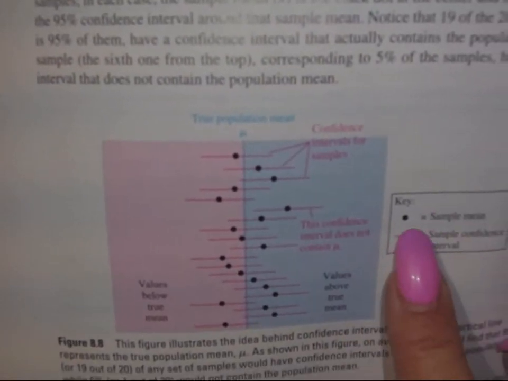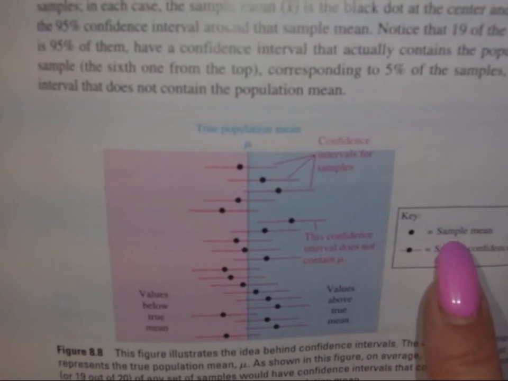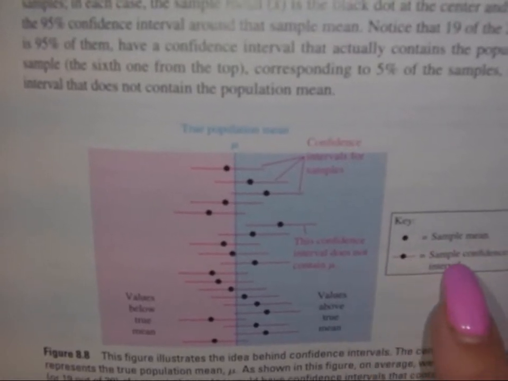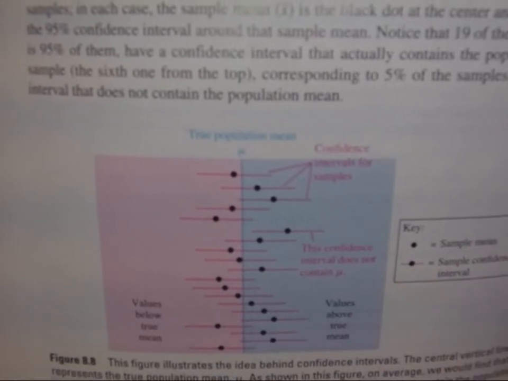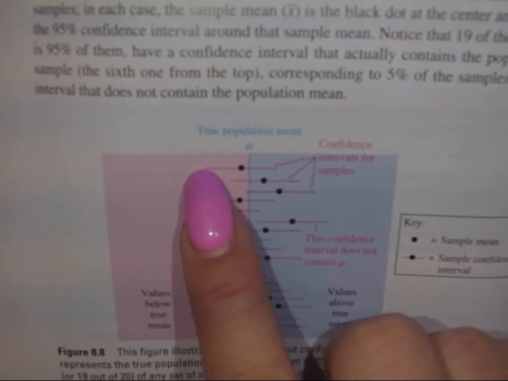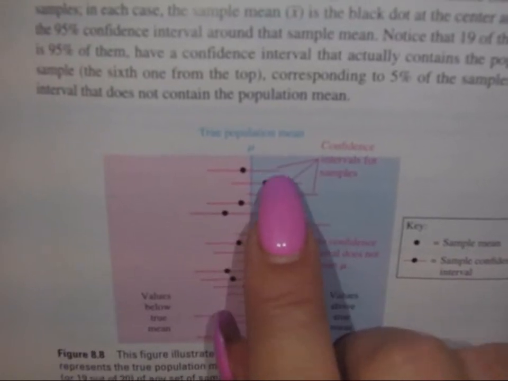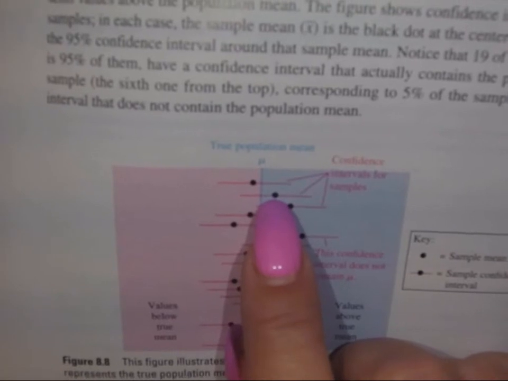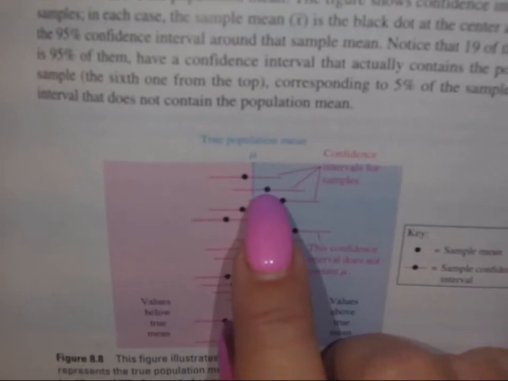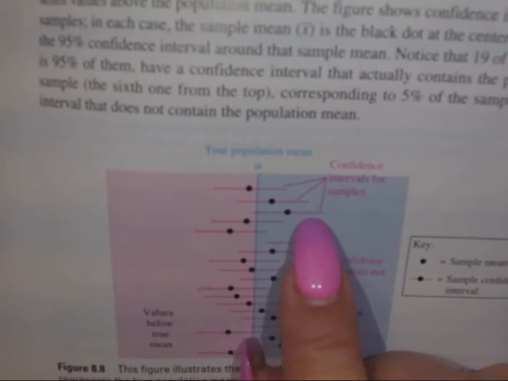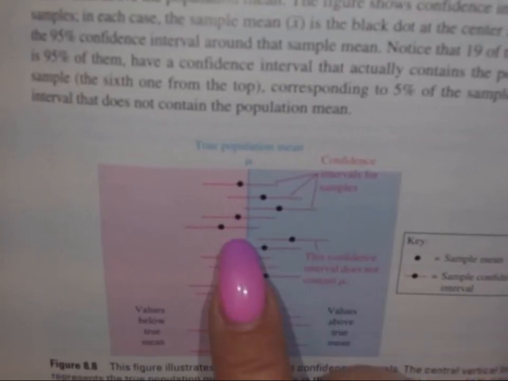The big black dots are sample means, and the whiskery things are their sample confidence intervals. For this sample, we have a mean down here, and here's my confidence interval. For this sample, my mean's up here. They're not the same, right? We took different samples. So the confidence interval's here. Here's this sample, there's its confidence interval, and so on.